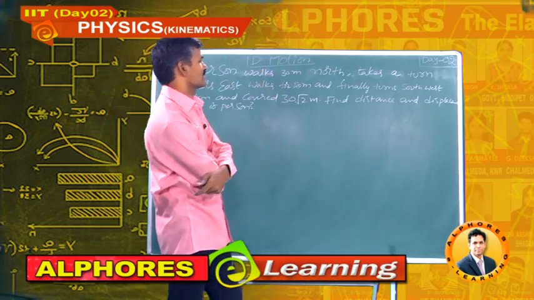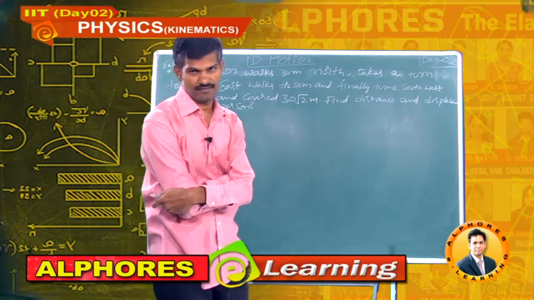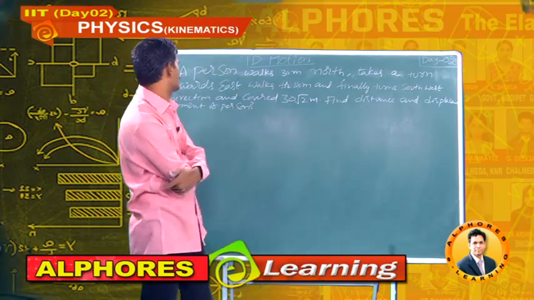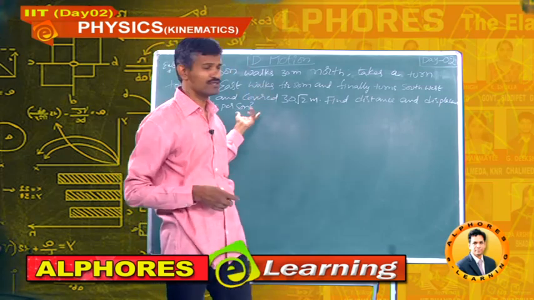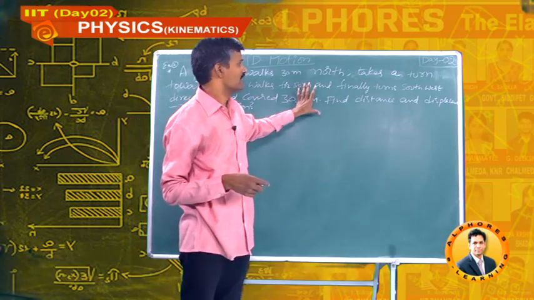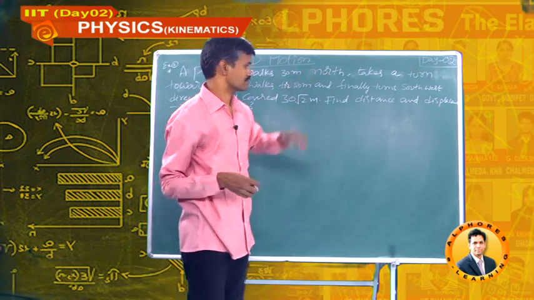Find the distance and displacement of that person. Every time, solving by two methods takes a lot of time, so I am solving this problem by the vector method.